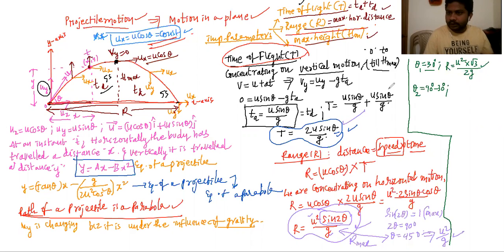Now R is equal to u square sine 2 into (90 minus 30) by g.